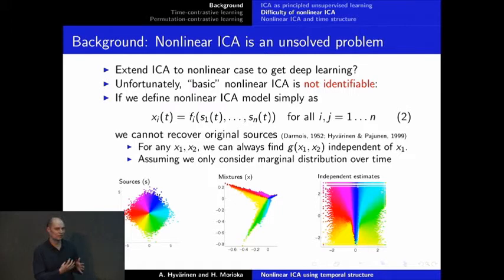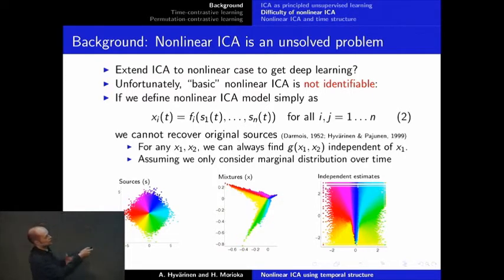So in that sense, independence itself doesn't allow us to recover the original components, especially because instead of x1 or x2 you could take any nonlinear transformation, any function of your variables, and then you can always find another function that is statistically independent. So this is really catastrophically non-identifiable. We cannot actually find the original sources.